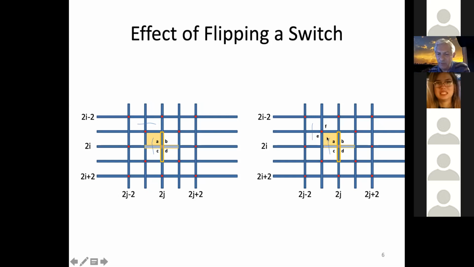Otherwise, you'll be able to go this way. So that's all that'll change. By flipping a switch, you will change the set of neighbors that A has. So either you'll go straight up or you'll go horizontally over here, and that's what we're seeing over here. Okay, so one case you'll go from A to E, the other case you'll go from A to F.